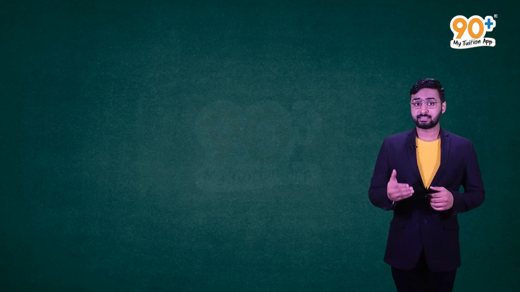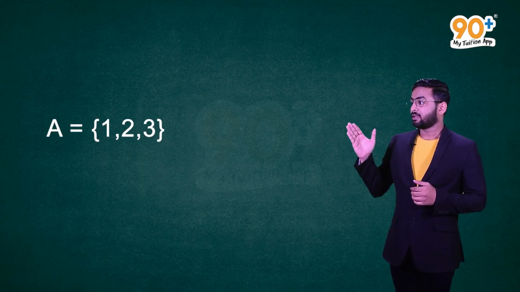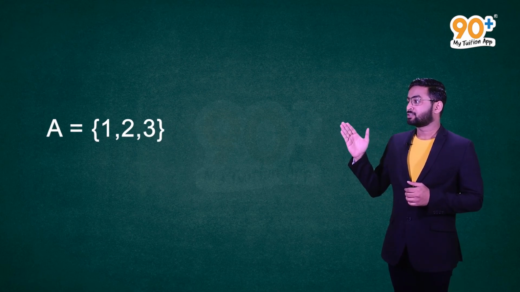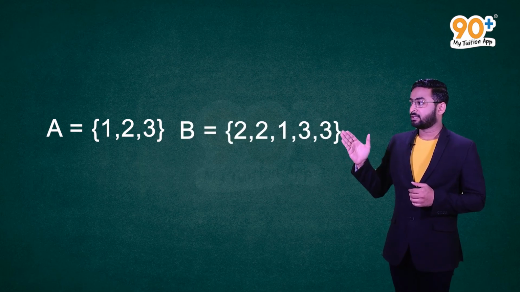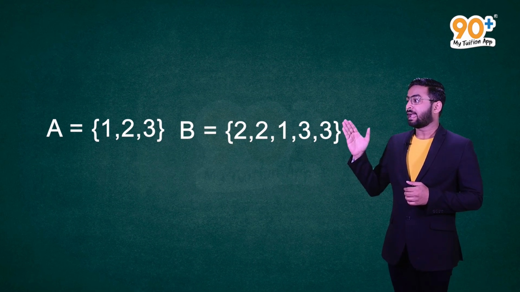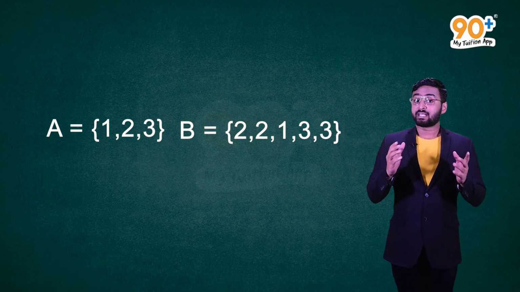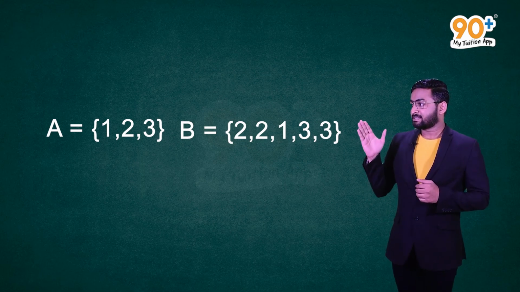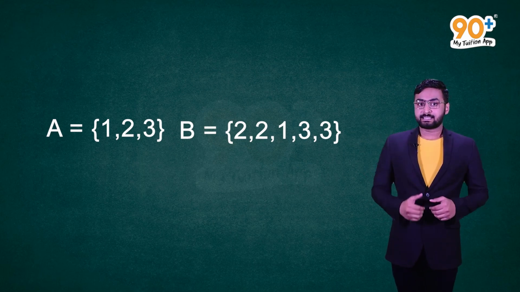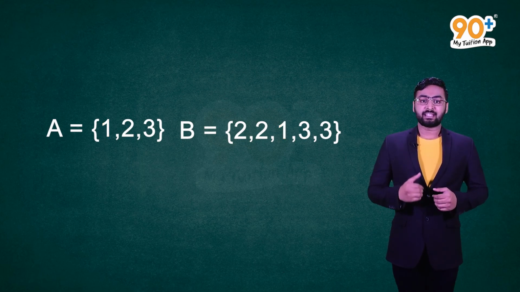Now let's take a look at another example. Consider the sets A equal to set of 1, 2 and 3 and B equal to set of 2, 2, 1, 3 and 3. These two sets are equal. Can you tell me how? We can see that both the sets have the same elements 1, 2 and 3.